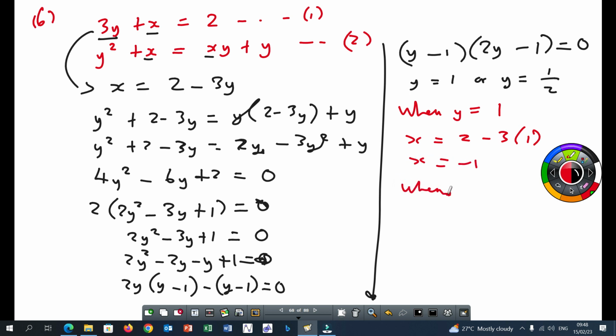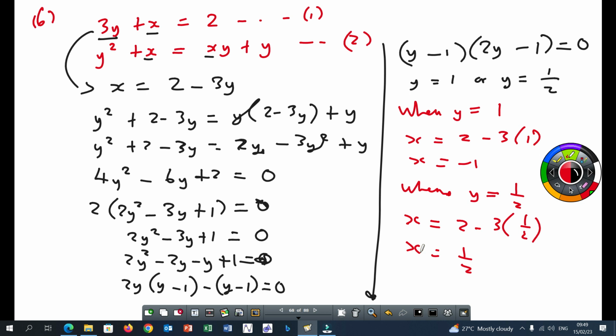Then, when y is equal to a half, x is equal to 2 minus 3 times a half. So my answer there is going to be a half.